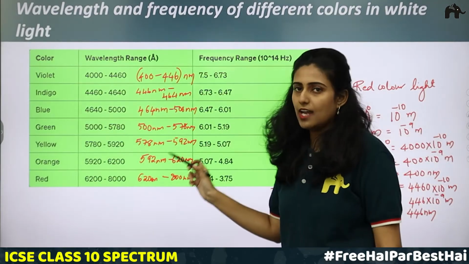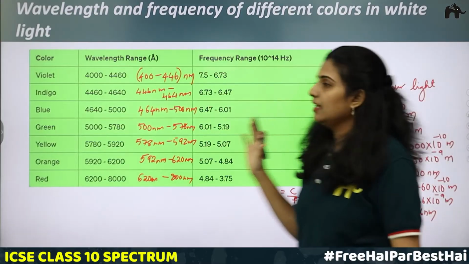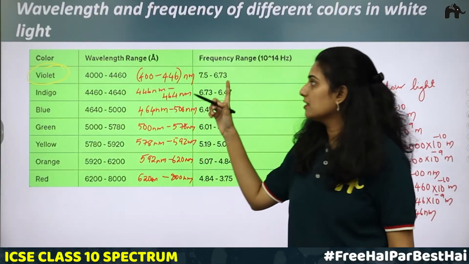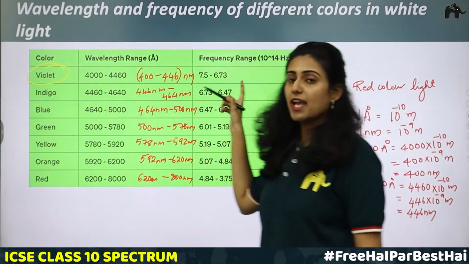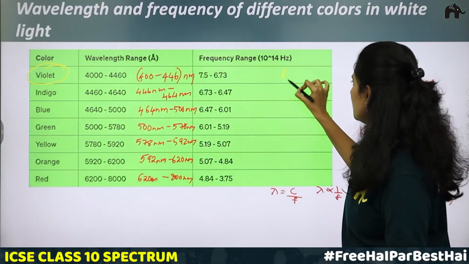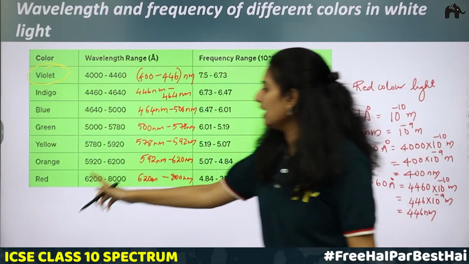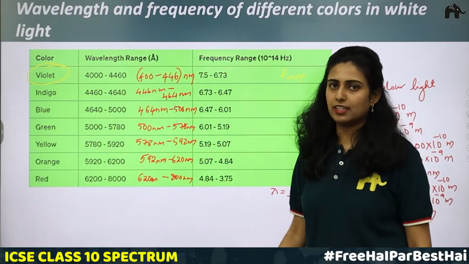So here we know that violet light is having the maximum frequency and minimum wavelength, and red color is having the minimum frequency and maximum wavelength.